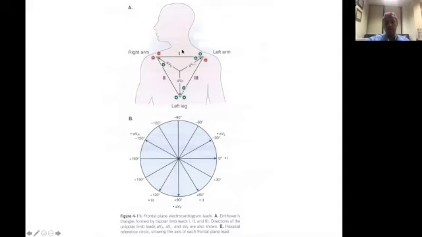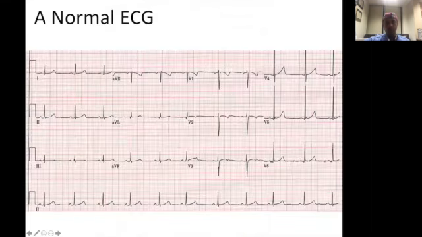So when we put all of them together, you can see that our heart is placed here, and we'll be able to pick up electrical activity in all these different directions, which gives us this 12 lead EKG reading. So we have lead 1, lead 2, lead 3.